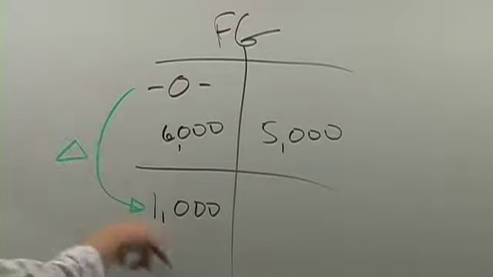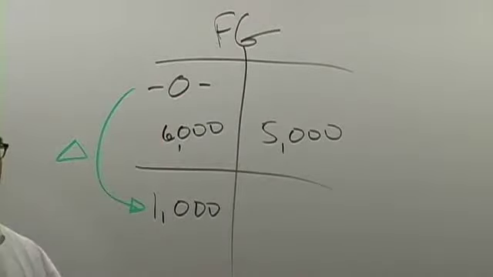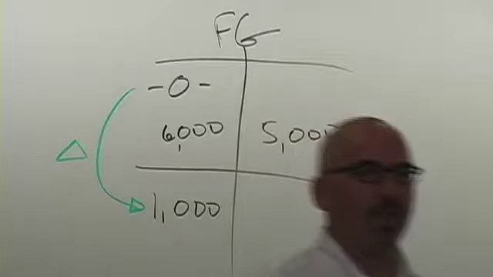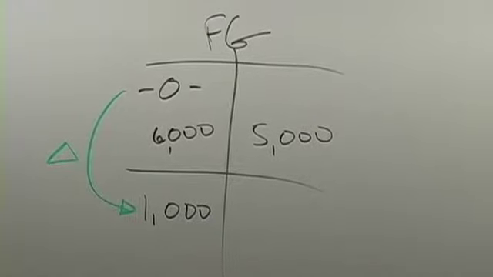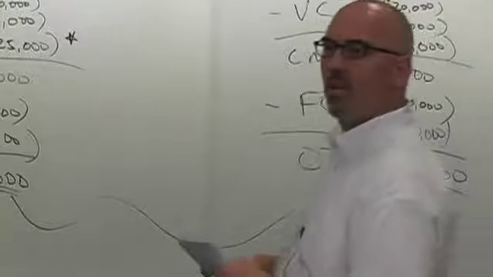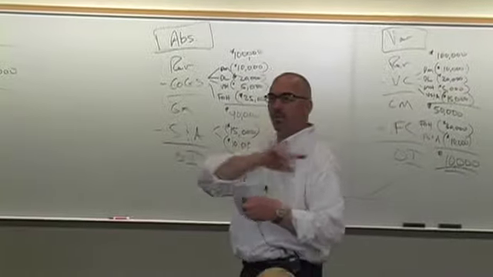That calculation is made helpful by the fact that beginning inventory was 0. It's just that we made more than we sold. So which was greater, production or sales? Production was greater than sales.